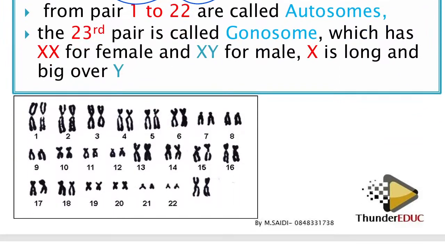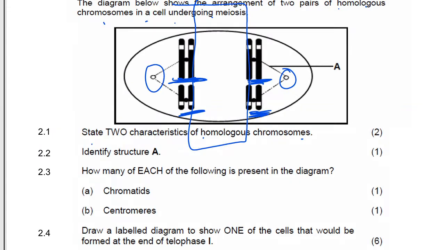Same size, same shape, that one is obvious. Then there is another one which we say, that they have the same location of genes. Meaning that if you have the location of the gene for height or for skin color in this chromosome, it must be in the same location as in the other chromosome. So that's why I'm saying the same locus of genes.